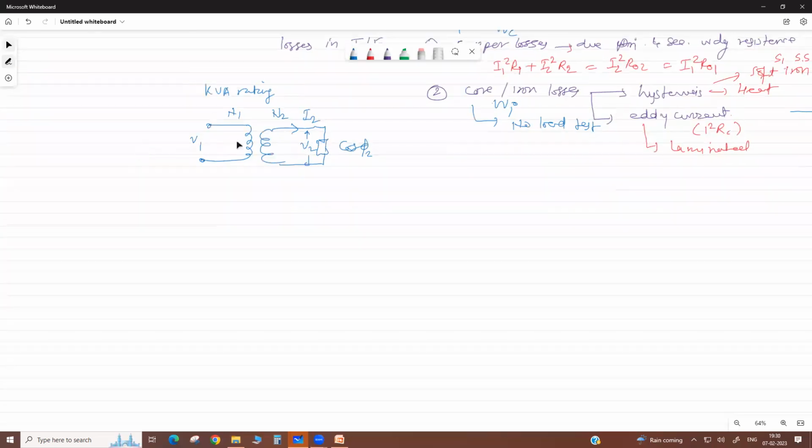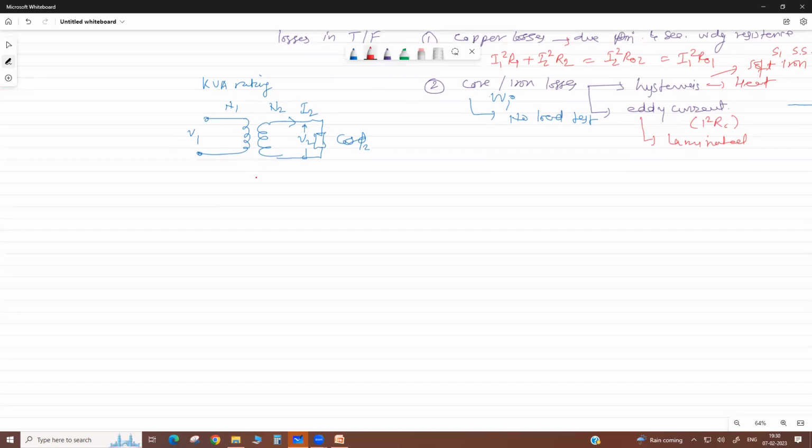Now we can calculate the efficiency. First, we calculate at a particular load what is the kilowatt output of the transformer. Very simple: V2 I2 cos phi 2. This is your output kilowatt, if we know the voltage and current.